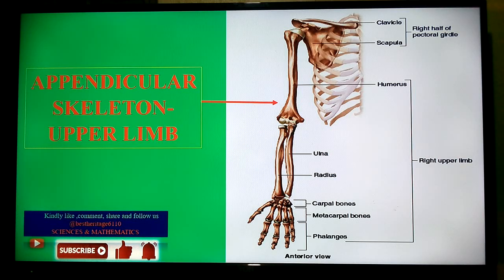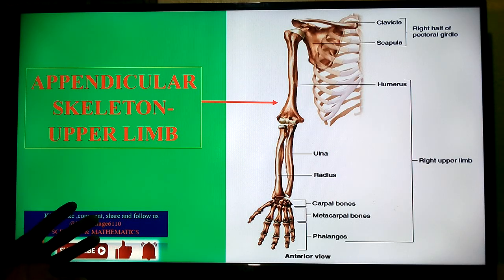So the next type, and the last one, is the biaxial joints. By biaxial, we mean that it allows movement in two planes. Therefore, the next one is going to be an ellipsoid joint. This ellipsoid joint is a biaxial joint, and I'm going to show it in an expanded form in this specific section of the wrist joint, which forms part of the class of synovial joints, as I've mentioned.